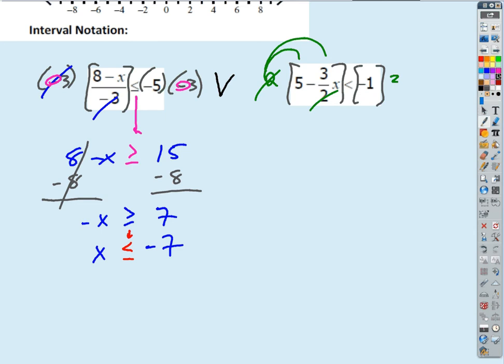So we get 10 minus 3x, 2 times -1 is -2. No flipping there, right? I multiplied by a positive, so I don't need to flip the inequality. It's fine. Now what?